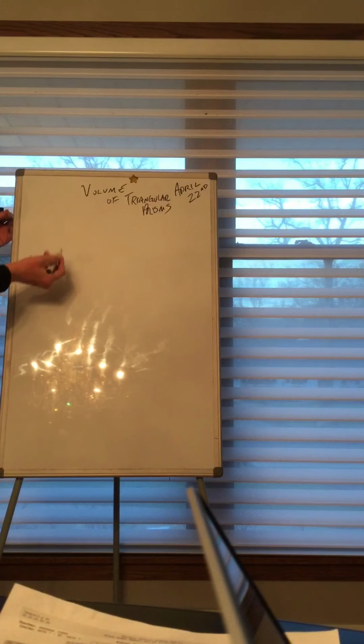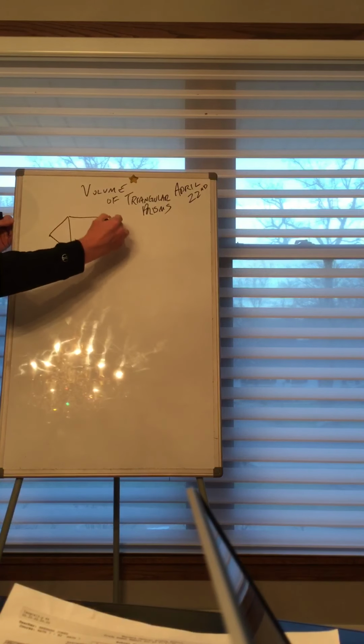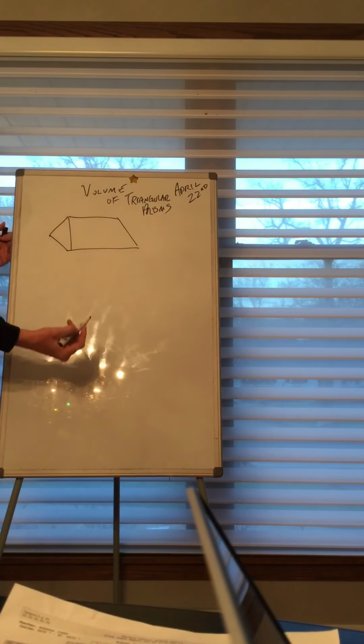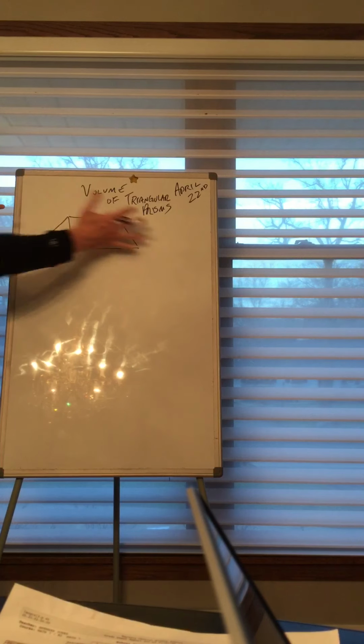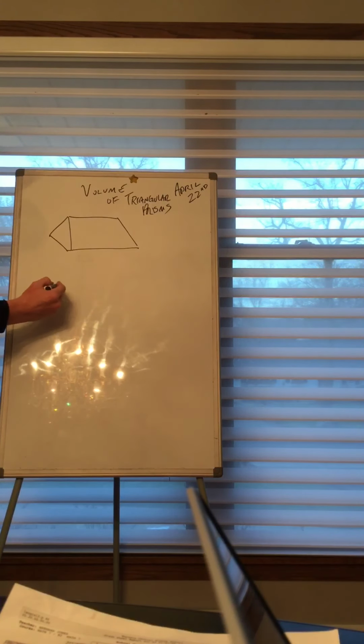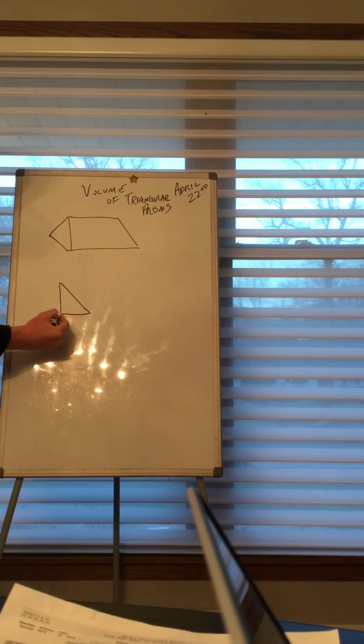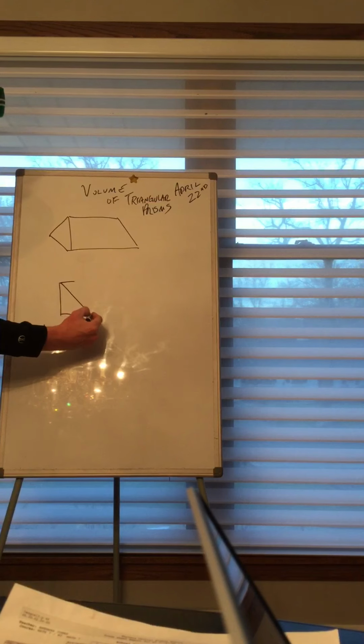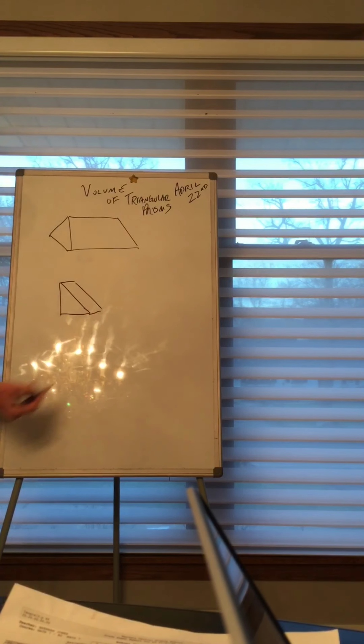Okay, so a triangular prism, you could see it as many different ways. You could see it as a tent if you were to go camping. Triangle, and it's three-dimensional. There's a triangle face and it's three-dimensional. You could also see it as a simple maybe block of cheese.